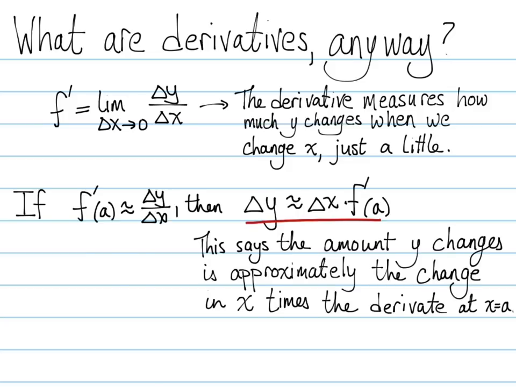So if f prime of a is approximately equal to the change in y over the change in x, then we can think of the change in y as approximately equal to the change in x times f prime of a. Think about it like a fraction: you can multiply both sides by the change in x. What it's really saying is that the amount that y changes is approximately the change in x times the derivative at a.